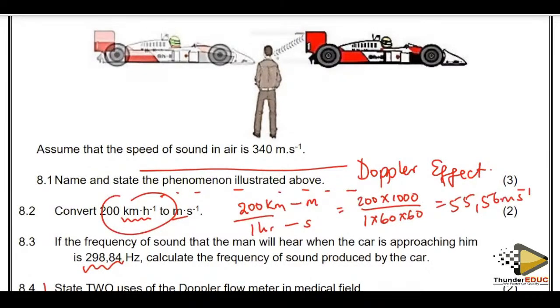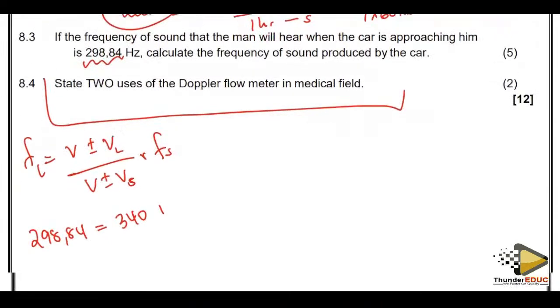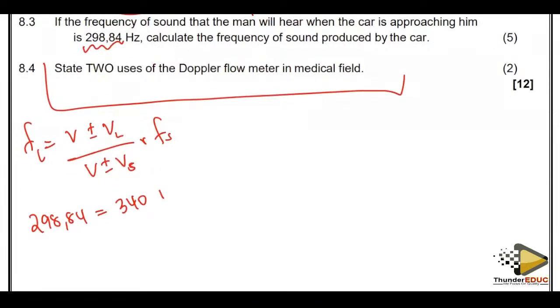With the frequency that we'll hear when the car is approaching, the listener's frequency is going to be high, so we have a plus. The velocity of the listener is 0 since the guy is standing, over 340 minus the velocity of the source.